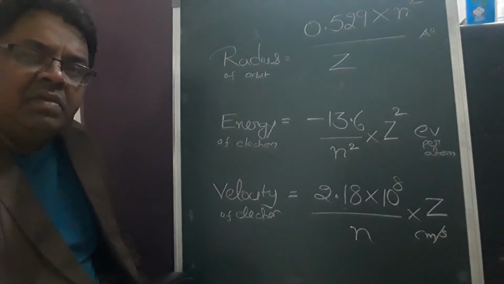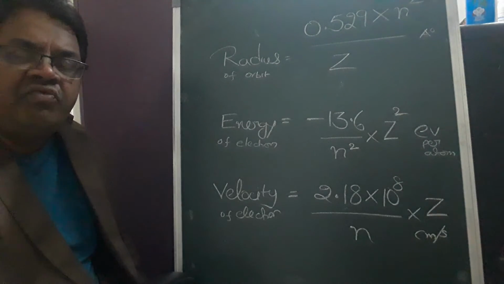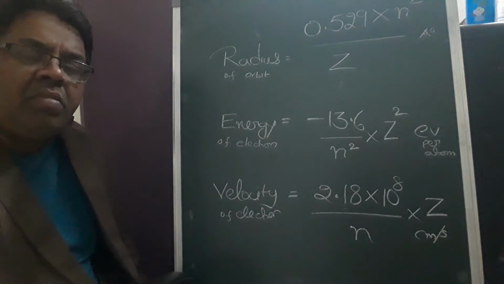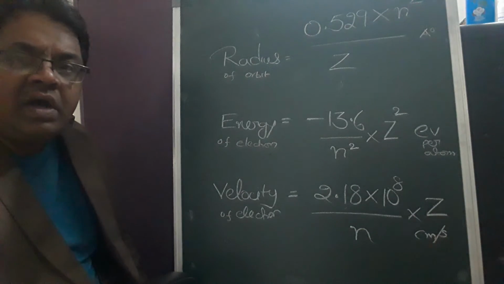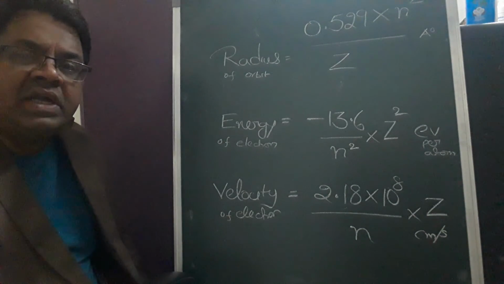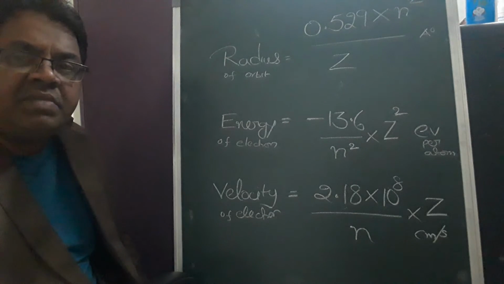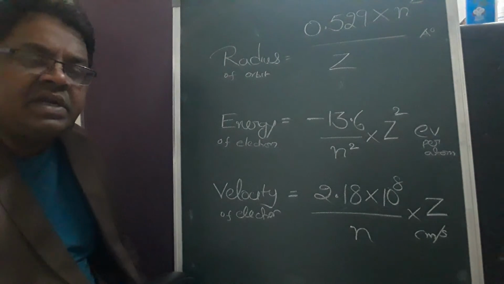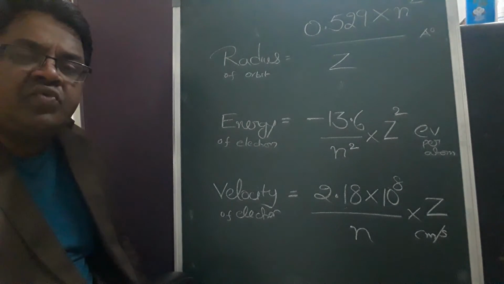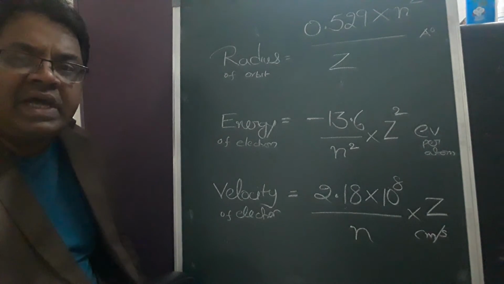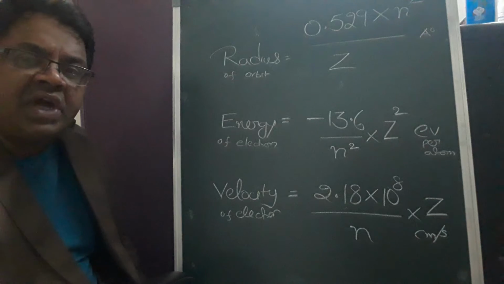In that, m means mass of the electron, v is velocity, r is the radius, n is the shell number, and h is Planck's constant, whose value is 6.625 × 10^-27 in erg units.